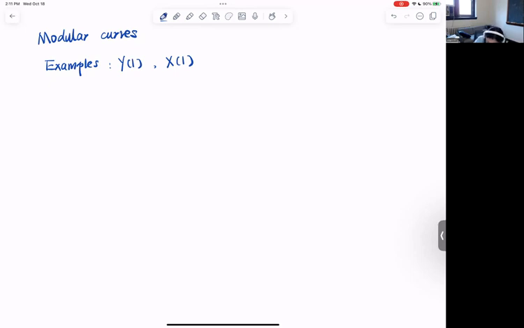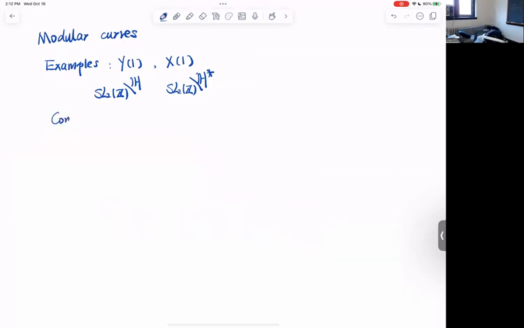We know that Y1 is obtained by the upper half plane modulo the SL2(Z) action, and X1 is given by the extended upper half plane modulo SL2(Z). I want to construct more, and to do that, I'm just going to give you some subgroups of SL2(Z).